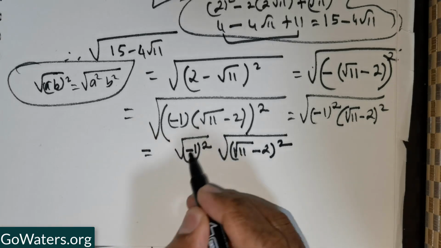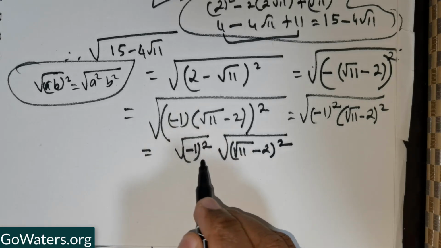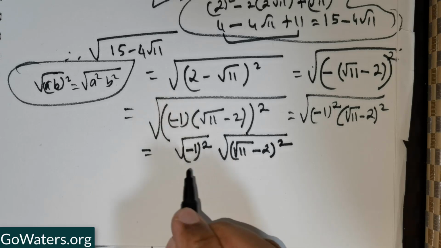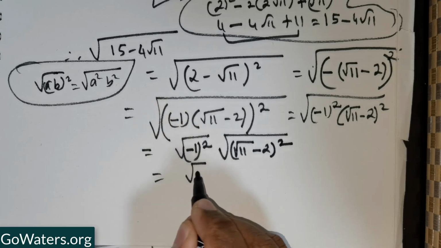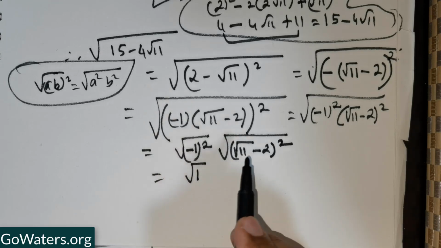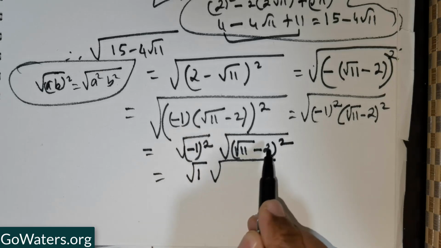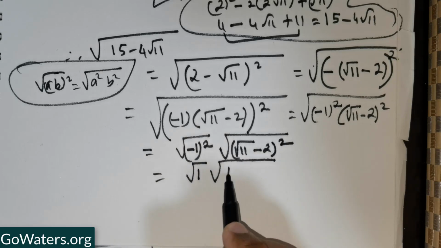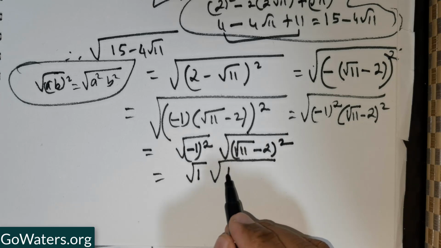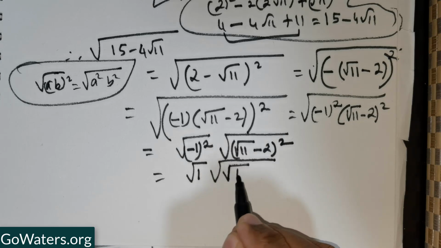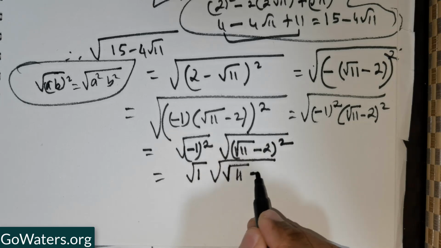First you square this. Negative 1 raised to the power of 2 would give you positive 1. So that's going to be root of 1 there, multiplied with root of root of 11 minus 2 raised to the power of 2. Rewriting this is a little bit redundant; you can simply apply the square root function.